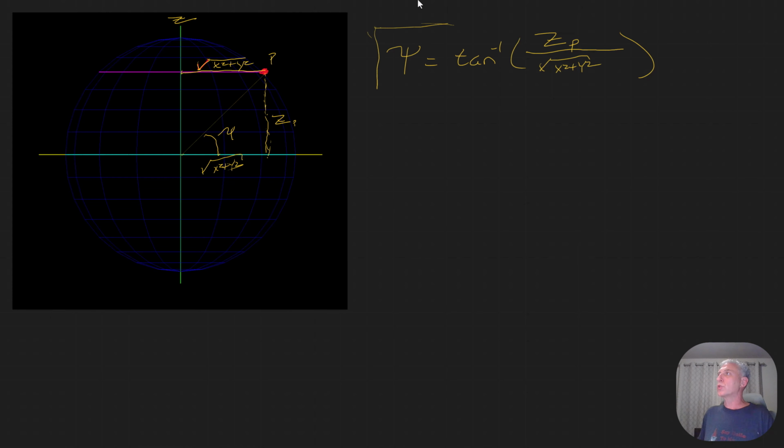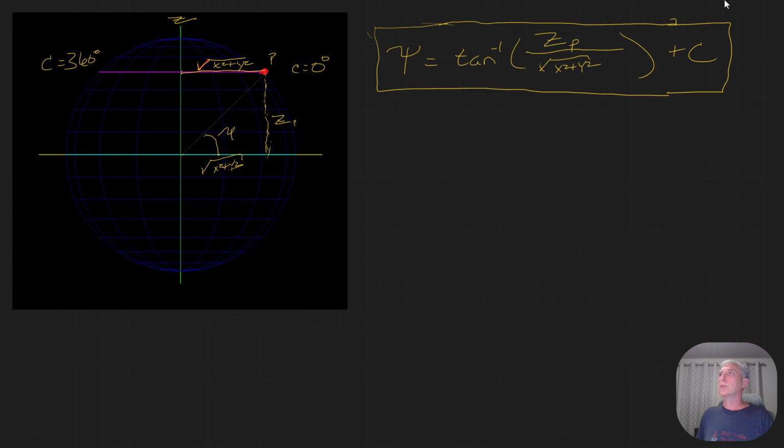And that follows directly from the image there and what we built. The tangent of psi would be z sub p over the square root of x squared plus y squared. Take the arctangent of both sides. And then, of course, we have to say plus c, where we adjust for quadrant. And over here, it was c equals 0 degrees again. Over here, c equals 360 degrees, etc., etc.